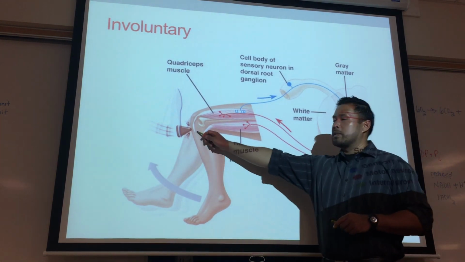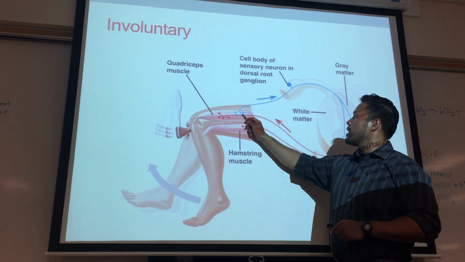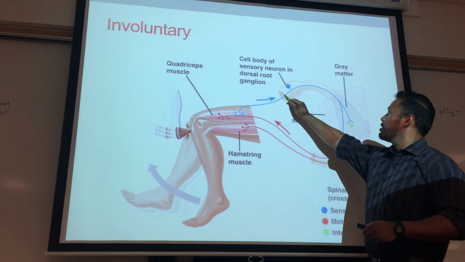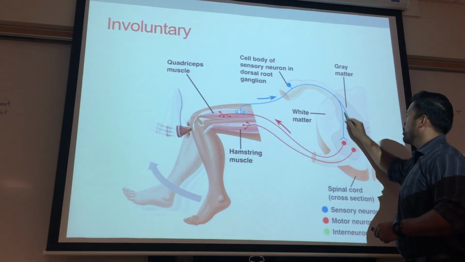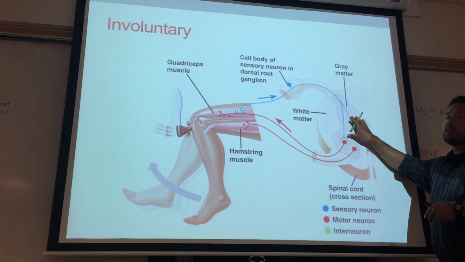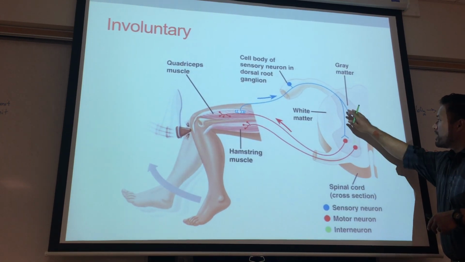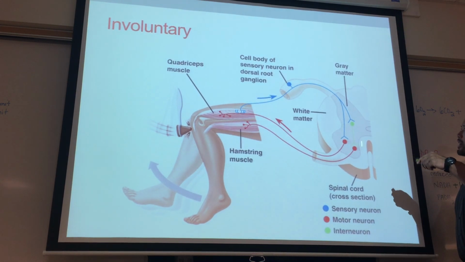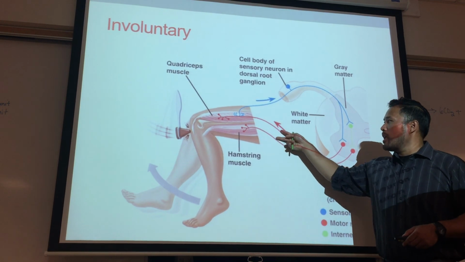So they strike the patellar tendon, which is going to cause the sensory receptors located on the muscle belly itself to send afferent information through the dorsal root ganglion, which contains the cell body, over to the gray matter of the spine. The gray matter is going to contain the inner neurons. Again, something we'll talk about later. The inner neurons' cell bodies are located in the gray matter, and that gray matter is going to send that information back out through the motor pathways to elicit a reaction.